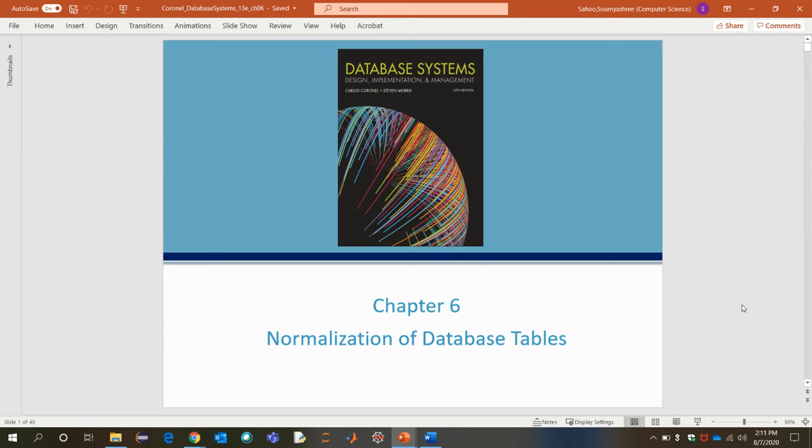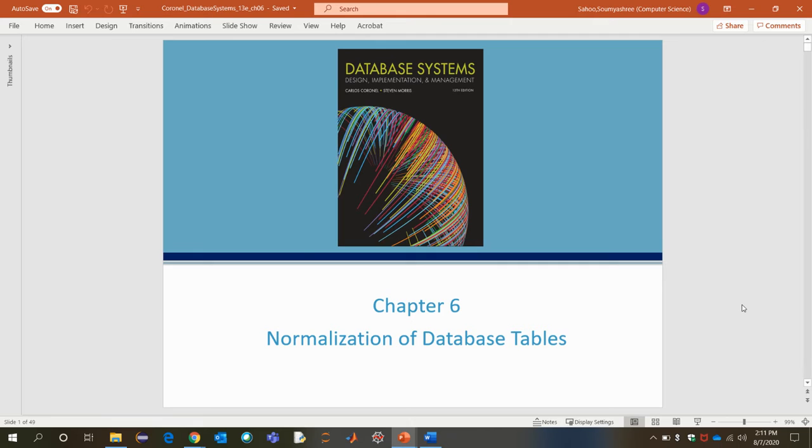Some sort of modifications or errors that may happen while you try to delete some data from one or more than one table at a certain point of time, or let's say you want to do some type of modification or updating in the table, and that may lead to some sort of data integrity problems later in the database. The loss of data integrity can destroy the usefulness of the data within the databases.